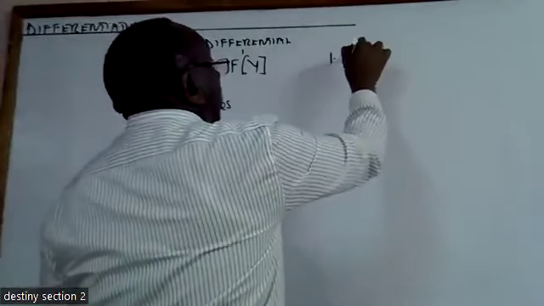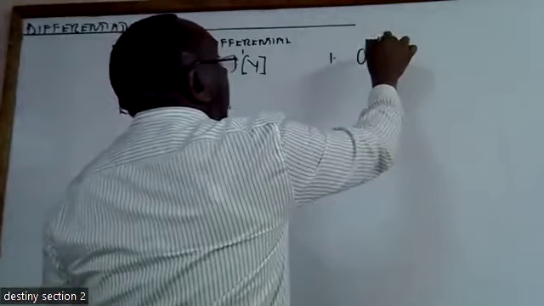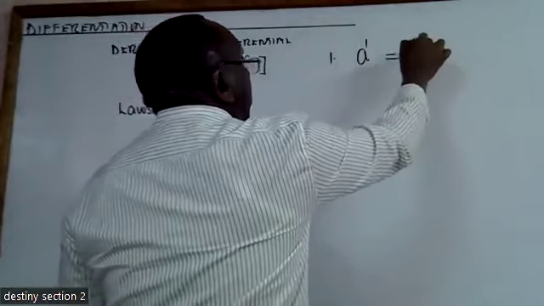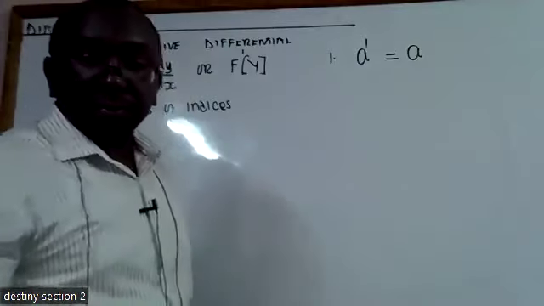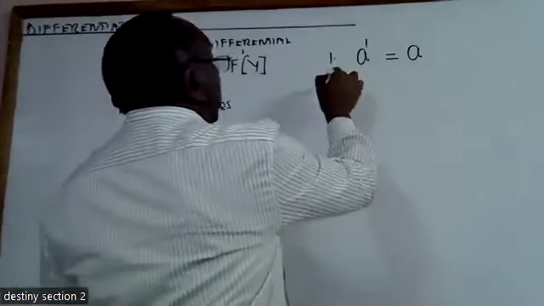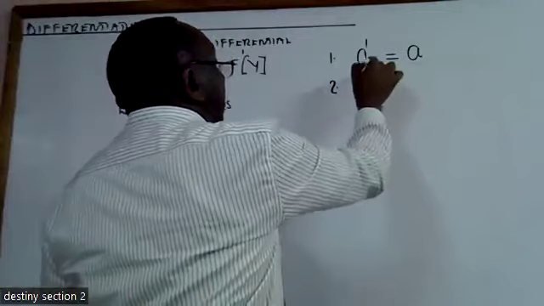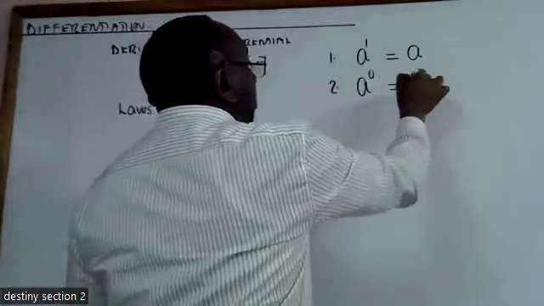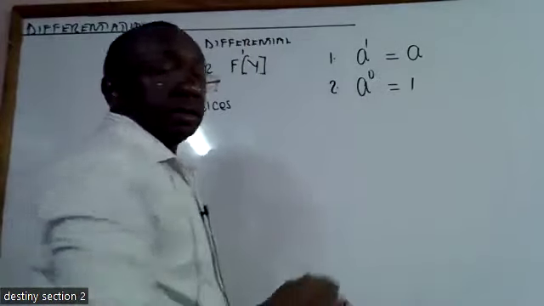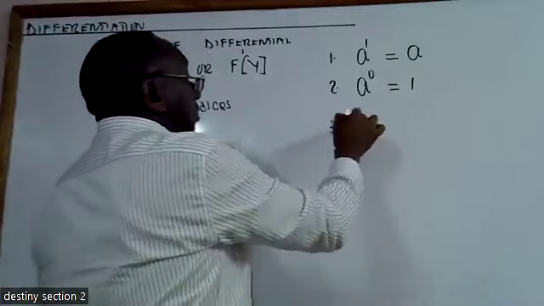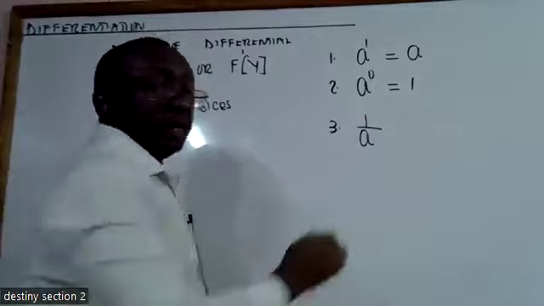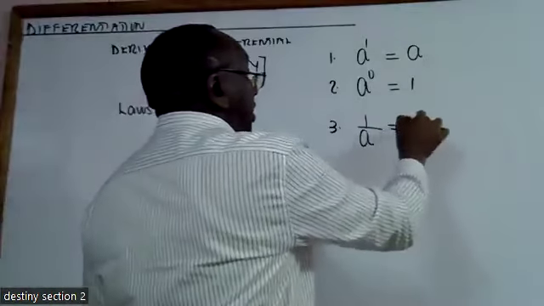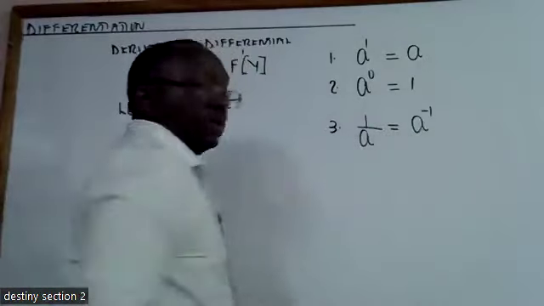Number one, if you are given a number raised to the power 1, it is that number. Number two, if you are given a number raised to the power 0, it is 1. Number three, if you are given 1 over a number, it is that number raised to the power minus 1.